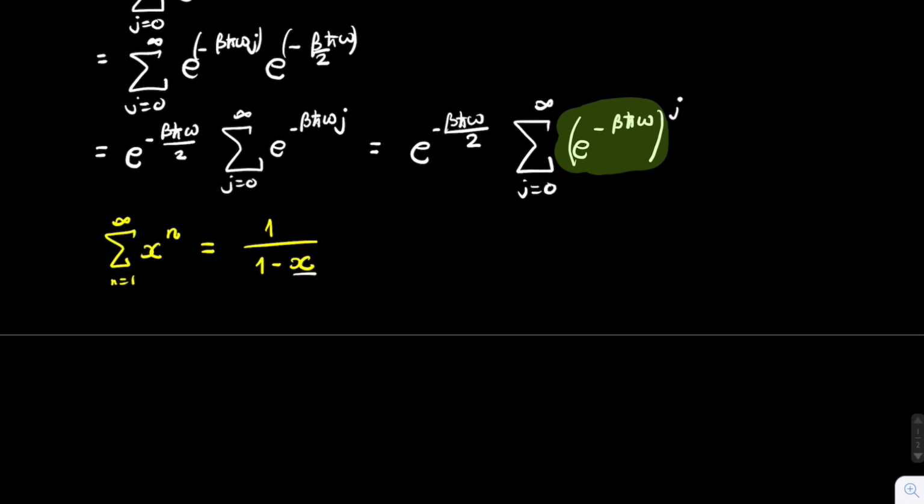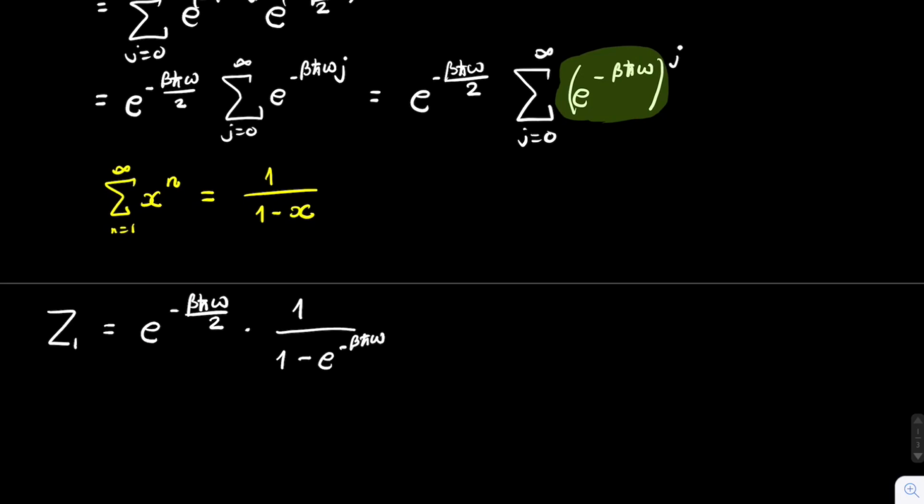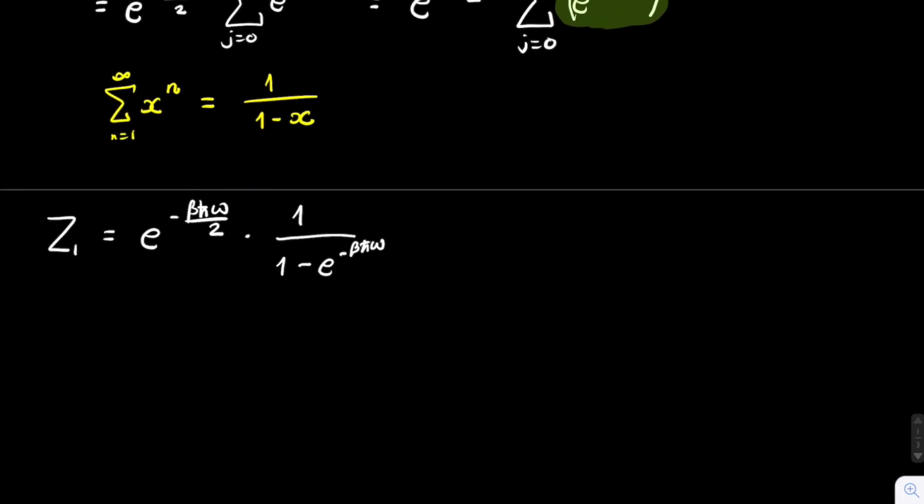Since this x can simply be replaced with this, we can write that the partition function is equal to, remember we had this factor out the front, e to the minus beta h bar omega over 2. And instead of this sum, we're now going to simply replace it with 1 over 1 minus e to the minus beta h bar omega. So that's nice. That's kind of got rid of our sum right here.